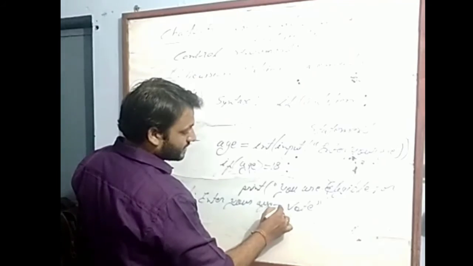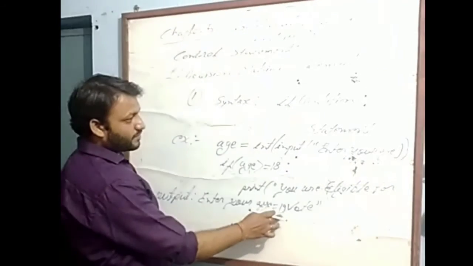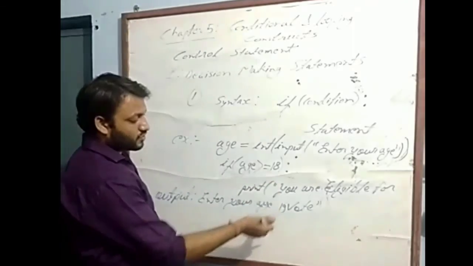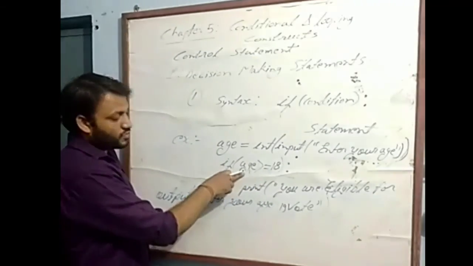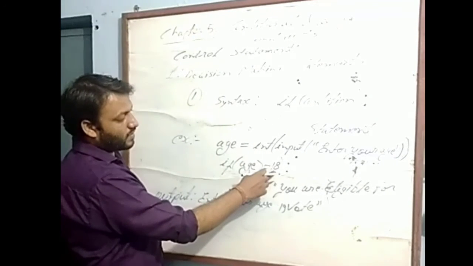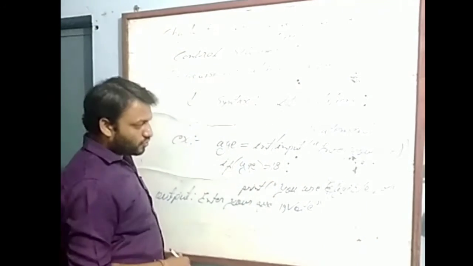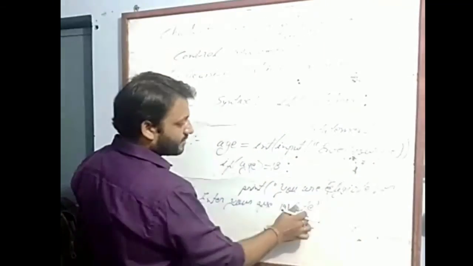Then the user will input some value. For example, the user has inputted 19, so 19 goes into the age variable. Age 19 is greater than or equal to 18. Yes, it is true, the condition is satisfied, so this statement will execute.